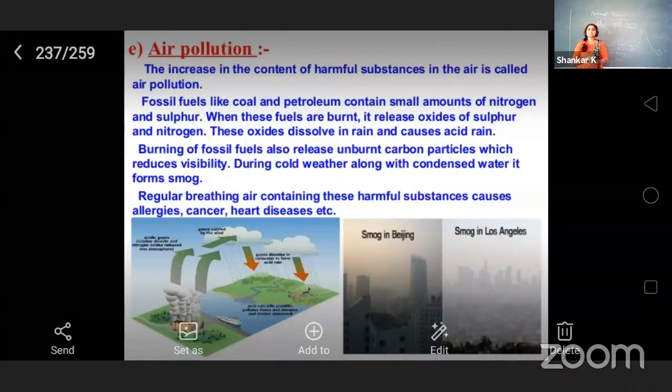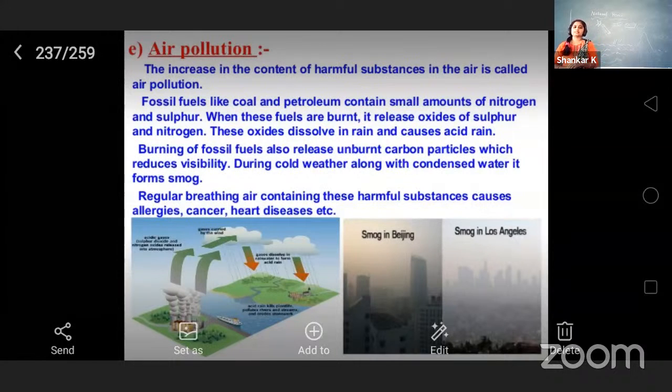Air pollution is the increase in the content of harmful substances in the air. Harmful substances in the air we call air pollution. You have already heard about acid rain, right? Have you heard about acid rain? Yes, ma'am.